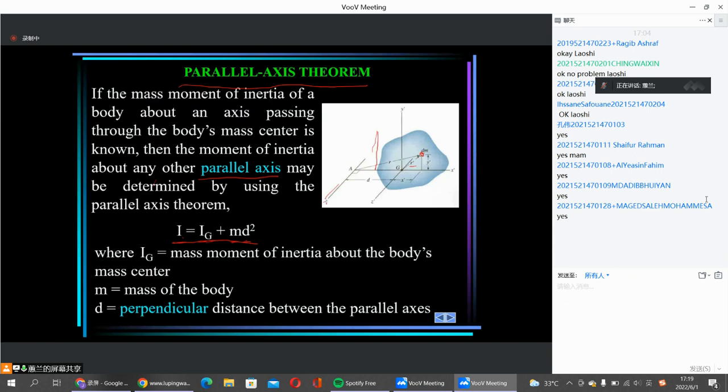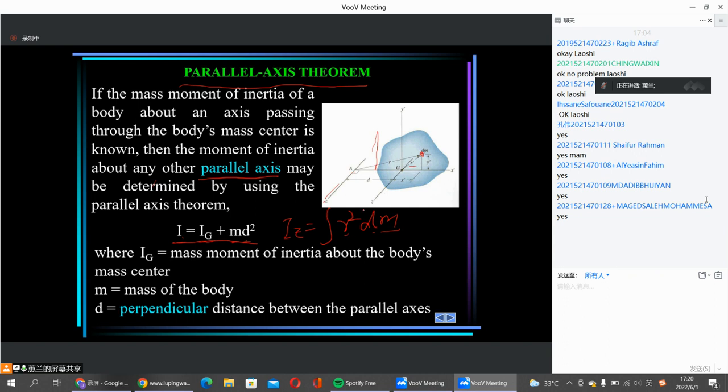So about the z-axis, Iz, according to the definition, is equal to the integral of r squared dm, right? dm is the mass of the element. r is the distance from the dm to the z-axis, right?